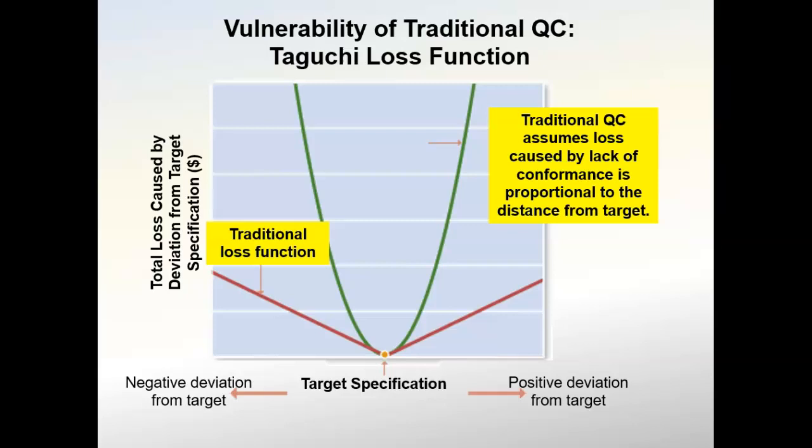This model is now described as the Taguchi loss function, and it's illustrated here on this slide. Now, because the Taguchi loss function suggests that all but the smallest deviations from the target are likely to result in unacceptable loss, it further suggests that tolerances should be set much tighter than assumed necessary by the traditional perspective.